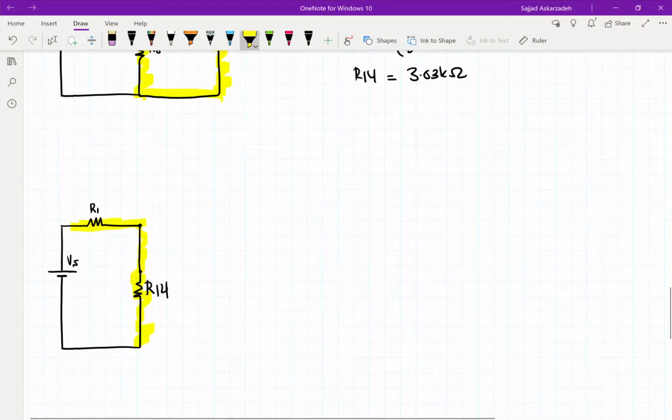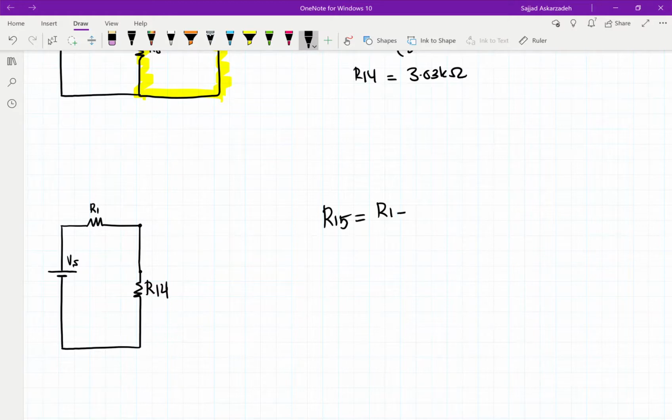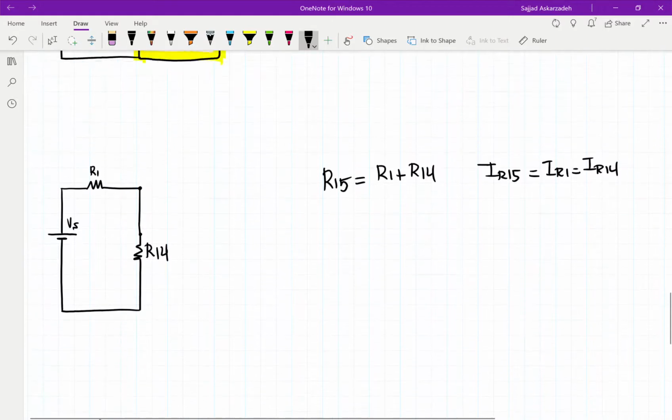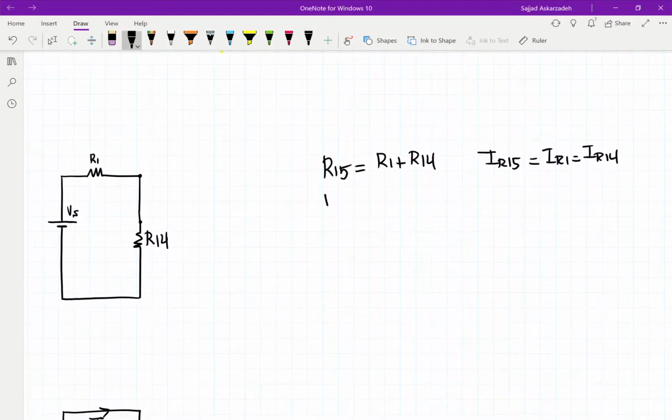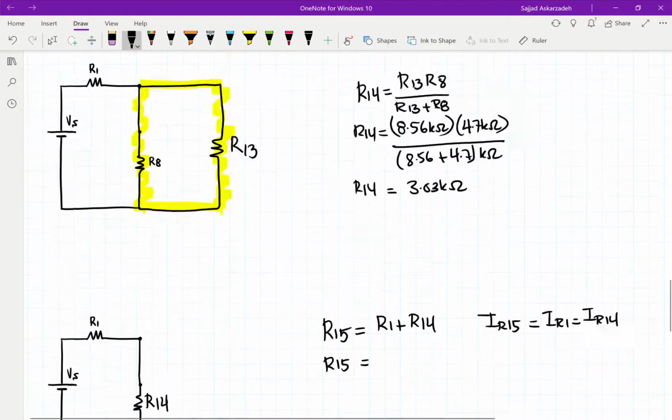Okay, so now we combine this and this into one resistor, and we're going to call that resistor R14. Now we know that R15, which is going to be our new resistor, is going to be R1 plus R14 because they're in series together. These resistors have the same current, so IR1 is the same as IR14. So we're going to calculate R15. R1 we can get from the problem.